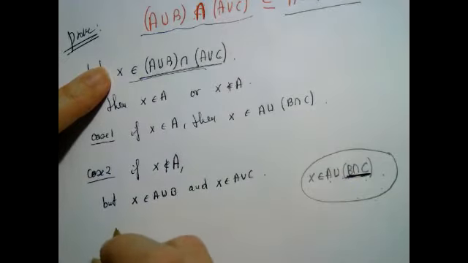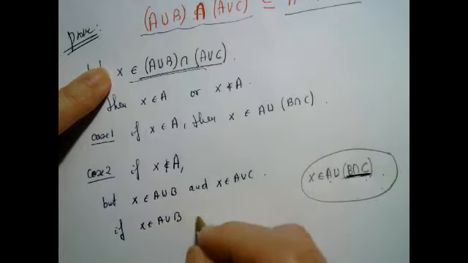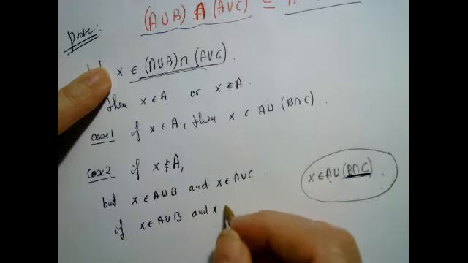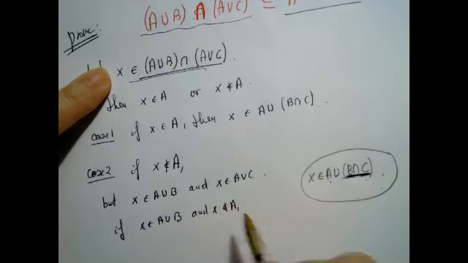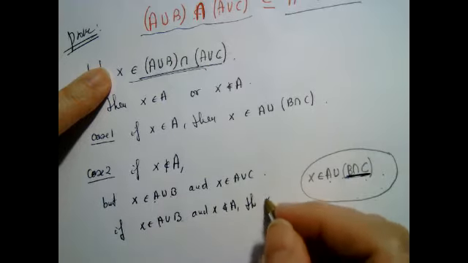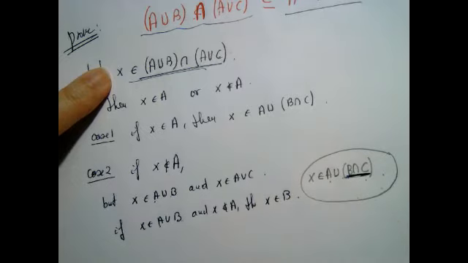Now, if X is in A union B and X is not in A, then it has to be in B. It has no other way out.